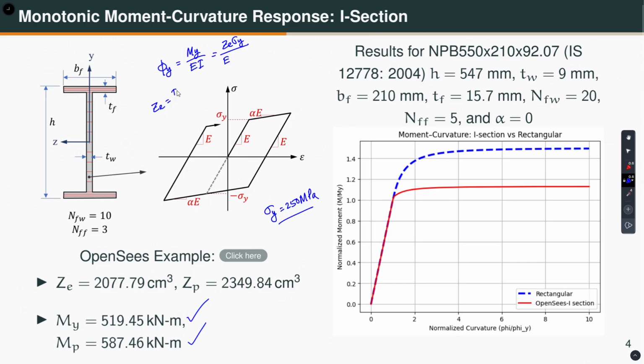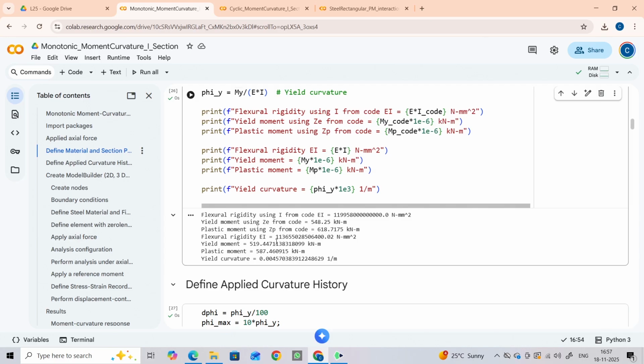Ze is I divided by h by 2. Okay. So, you can write I is equal to Ze into h by 2. So, this Ze will cancel and h is the same whether you take it from the code or whatever I am using, basically it is the same number, right. So, therefore, yield curvature will not change, but your My and Mp will be slightly different from your hand computation.